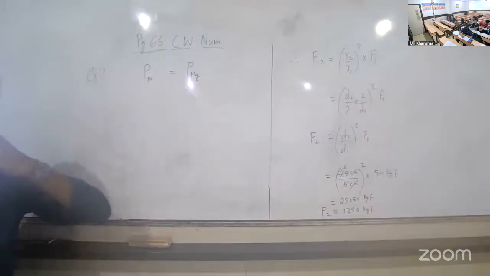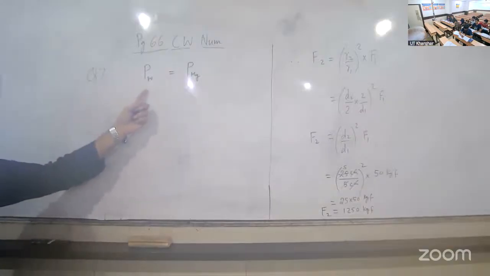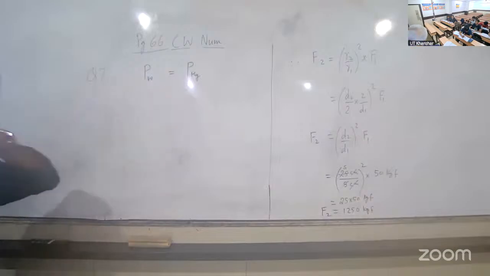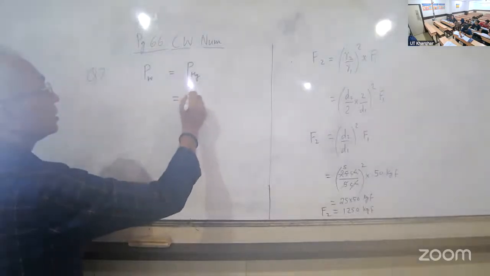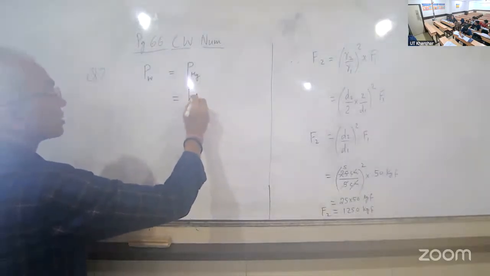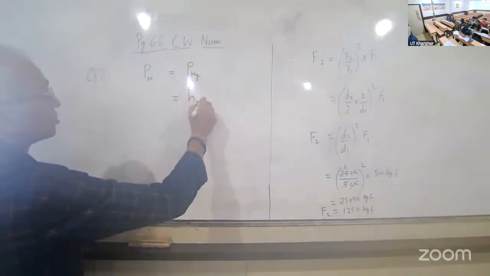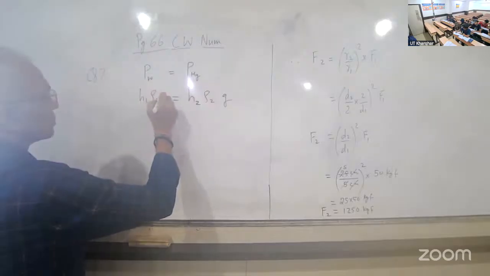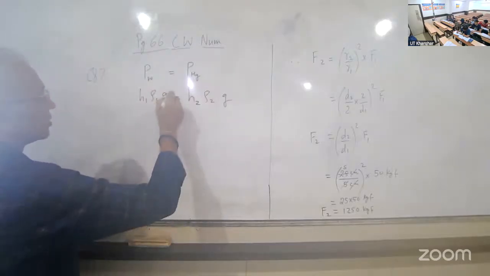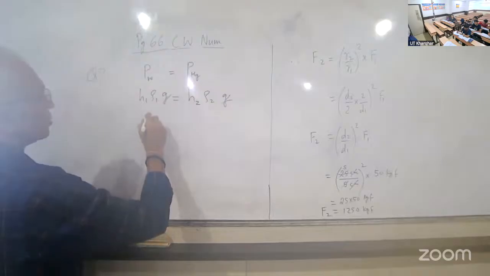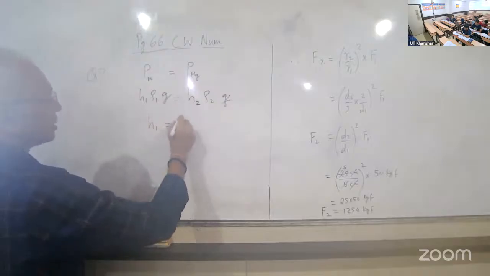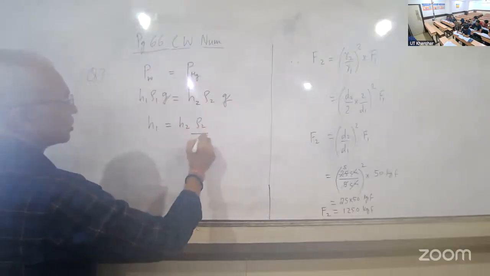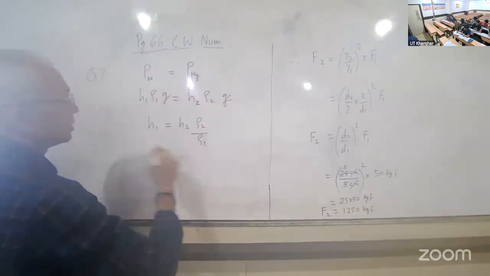Now we are using a barometer which uses water. So it is the same pressure, right? In the case of mercury, it will be H2 rho 2 g, and the water one H1 rho 1 g, and the g will cancel. You have to find the height of water, so this will be H2 rho 2 divided by rho 1. Okay, this is what we get.